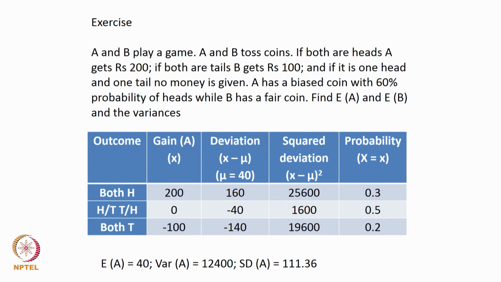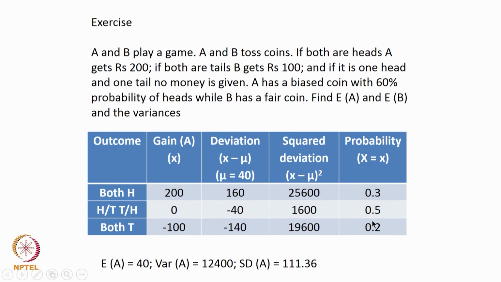Both tossing tails, A tosses tail with 0.4, B tosses tail with 0.5, and therefore, both tossing tail is 0.4 into 0.5, which is 0.2, which is also given here.